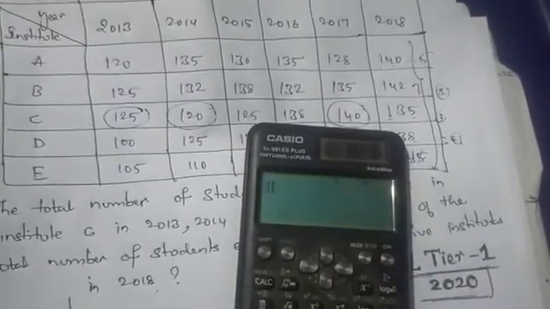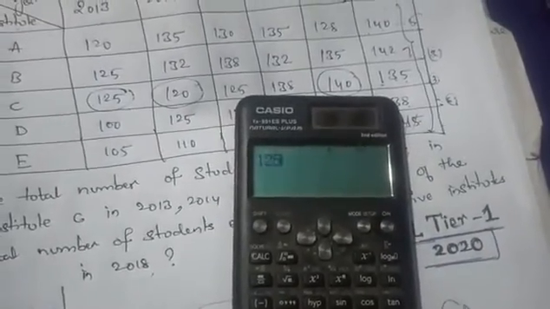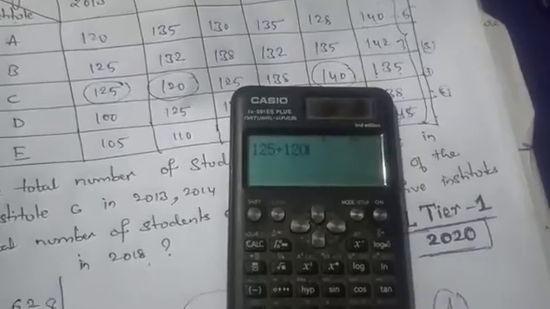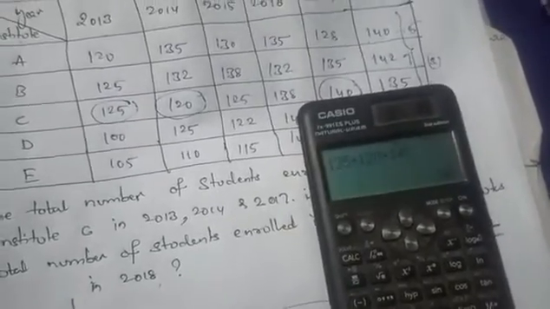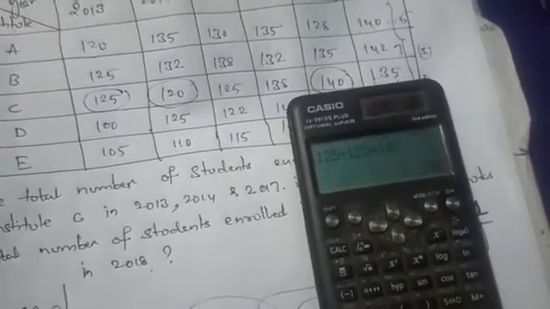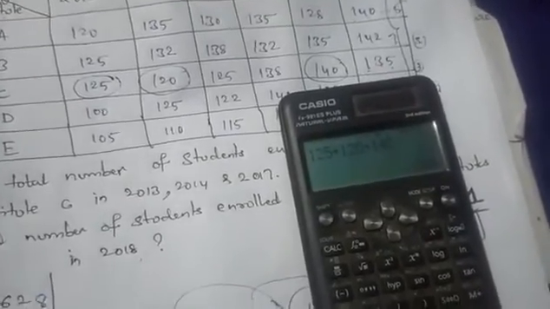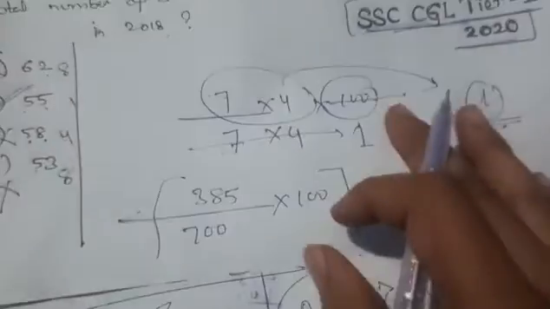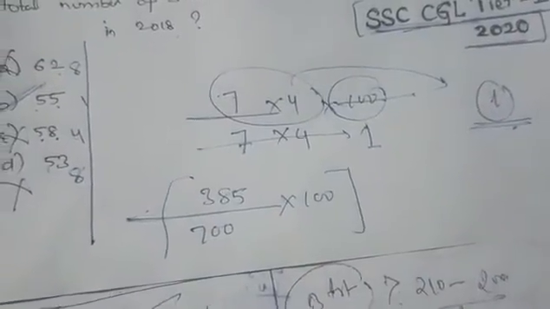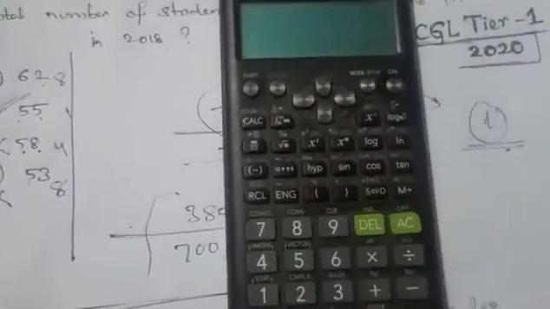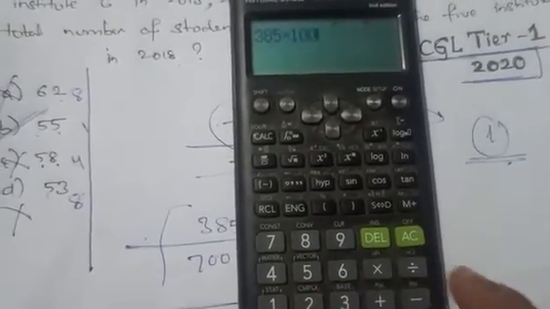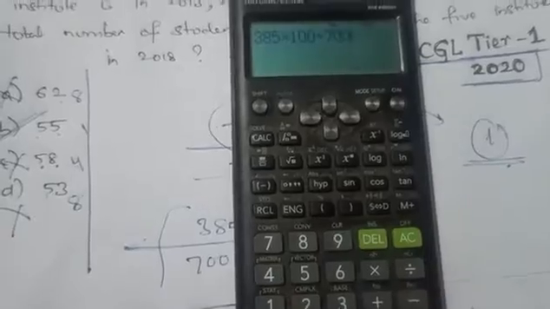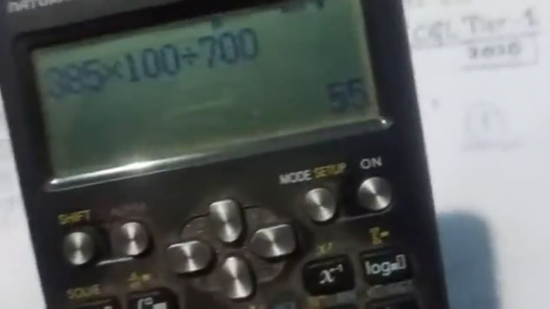And the numerator value will be 125 plus 120 plus 140, which is 385, into 100. This is what I need to find, right? You can perform it on the calculator also. 385 into 100 divided by 700, you can see 55%.